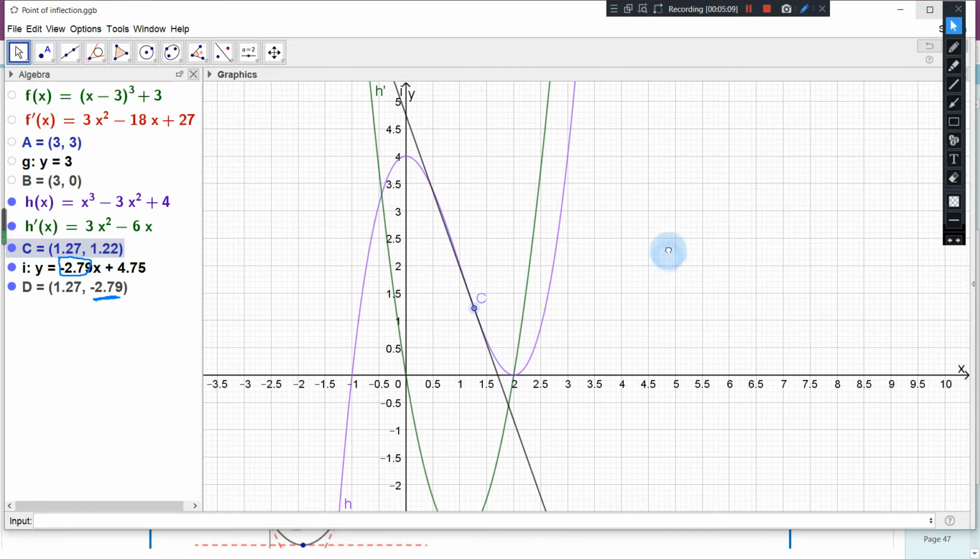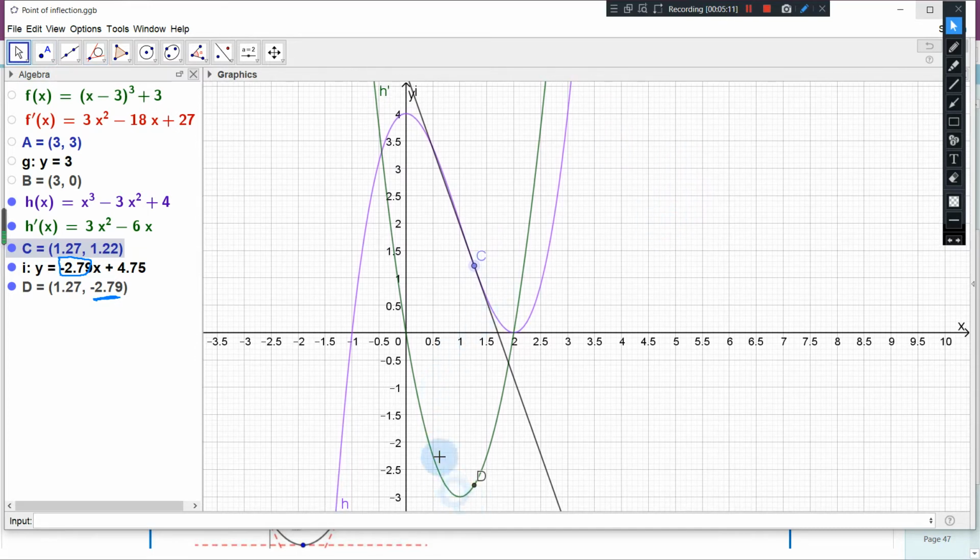Or I move it a little bit up for you, and then you can see this is a gradient. Decrease, then increase. So this is a point of inflection, because this is a point where the graph changes its concavity. Concave down to concave up.